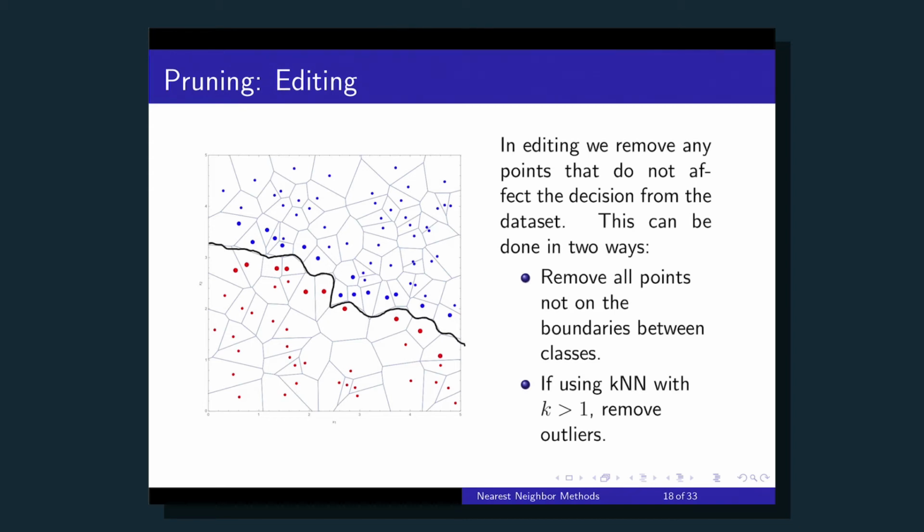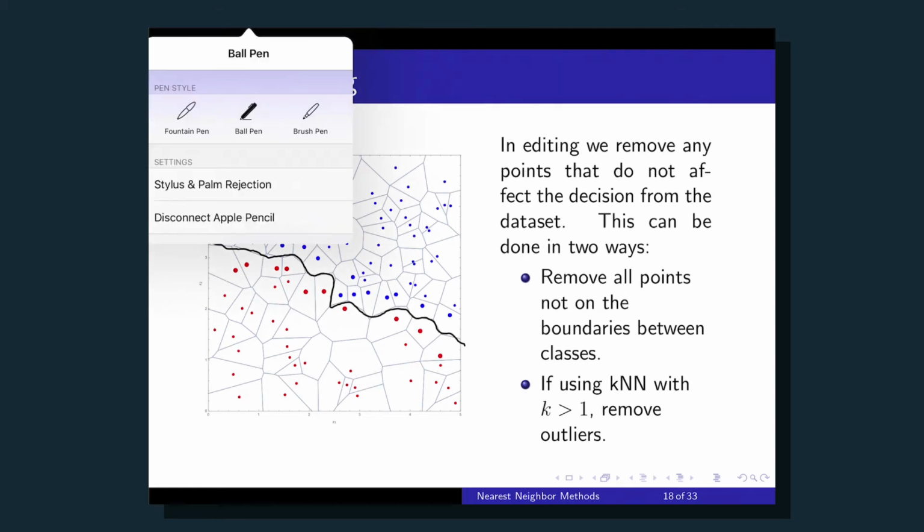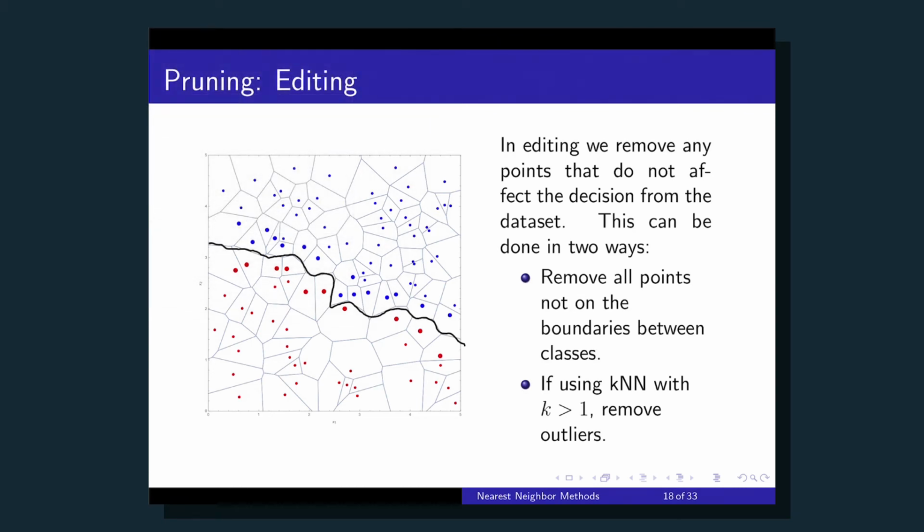And notice that on the border regions, there are points that are necessary to distinguish between classes. But if I have a new point over here, I don't really need all of these points, because when you look at these Voronoi regions of the border points, anything that's closer to the blue class than this point going this way has to pass through the Voronoi cell of one of the border points.